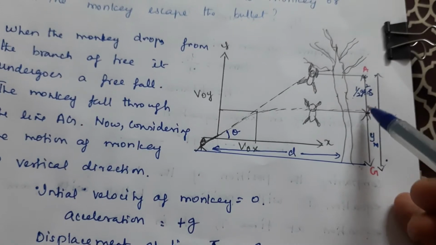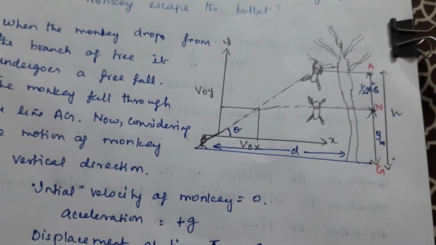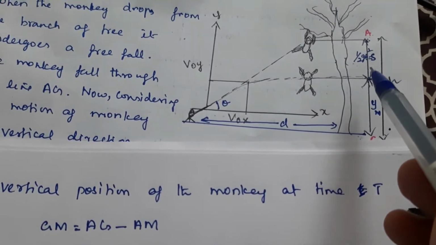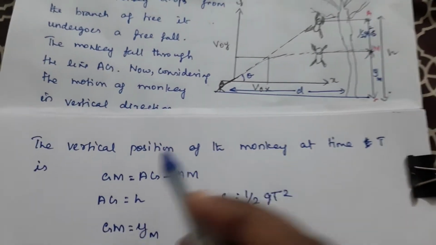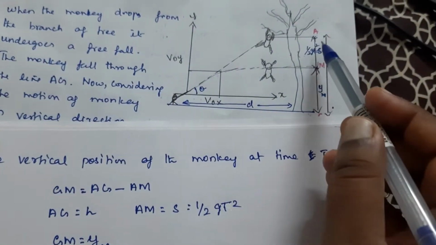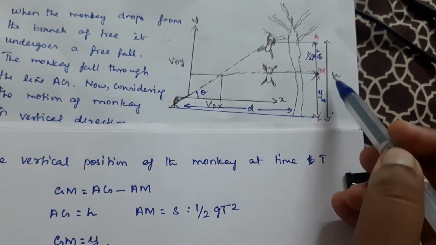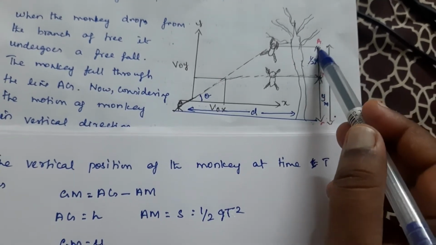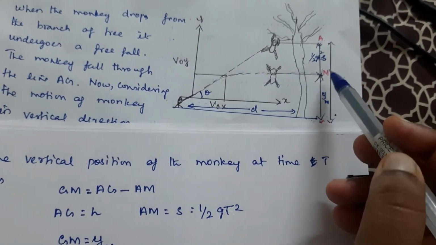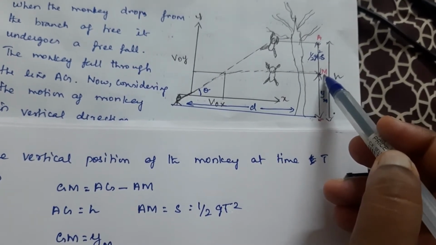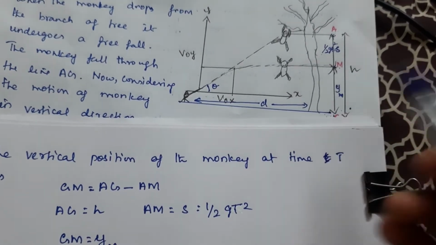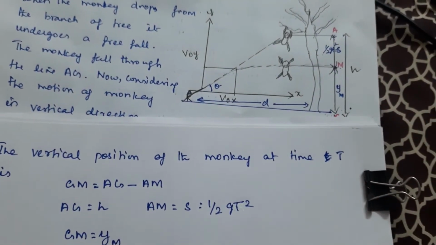So this distance is half gt square. Now what is the vertical position of the monkey at the time t? The whole distance is AG. Now the position of the monkey is AM. So now we have to calculate GM, the position of the monkey from the ground.